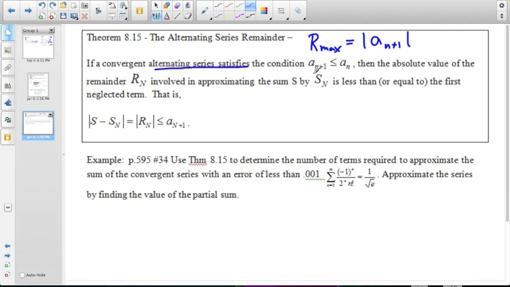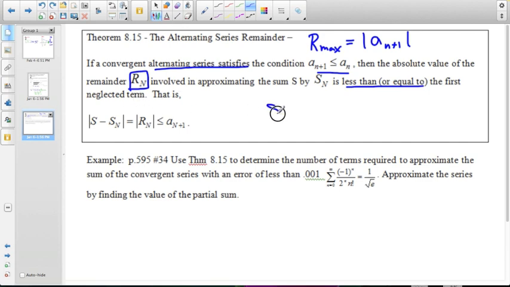So we've got to have this non-increasing nature. We've got to do the limit as n goes to infinity and make sure it's 0. And so the remainder then is going to be less than or equal to that first neglected term.